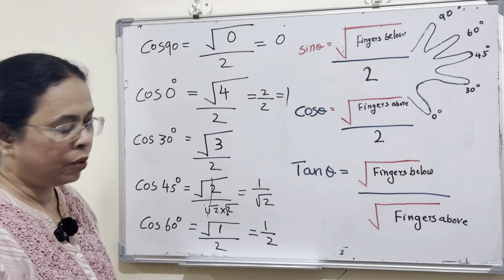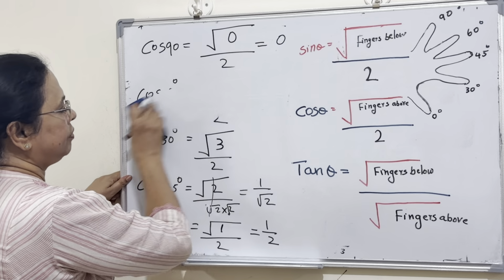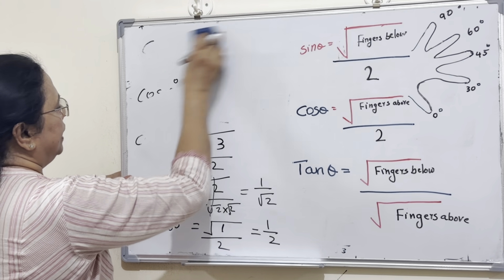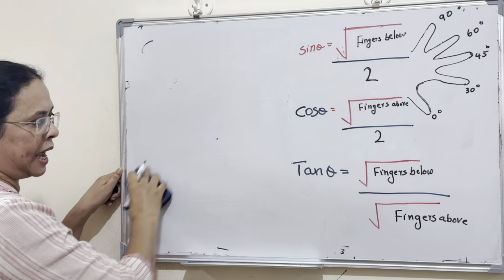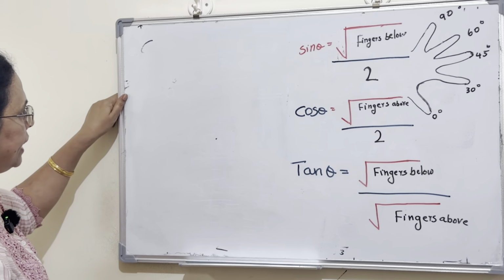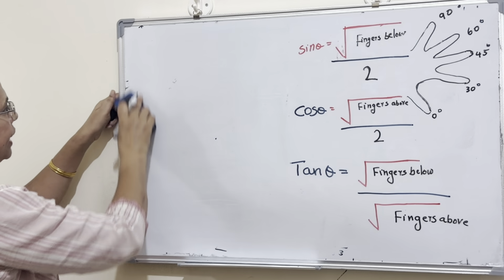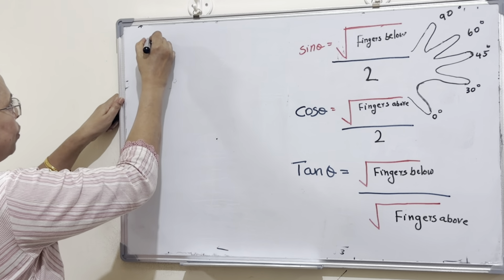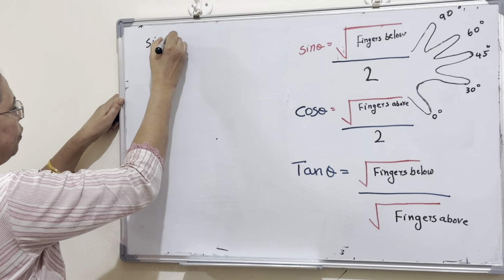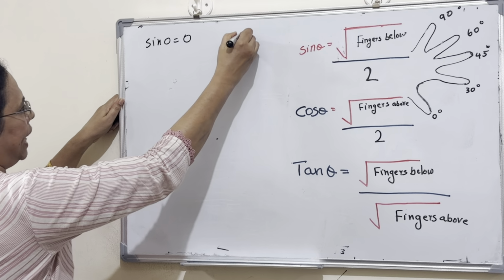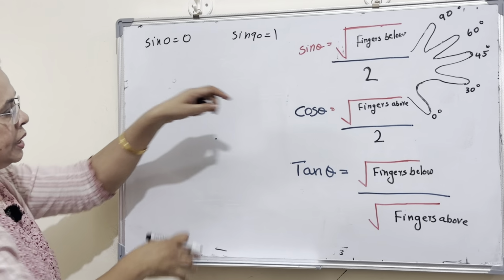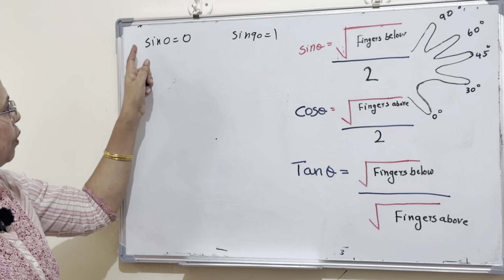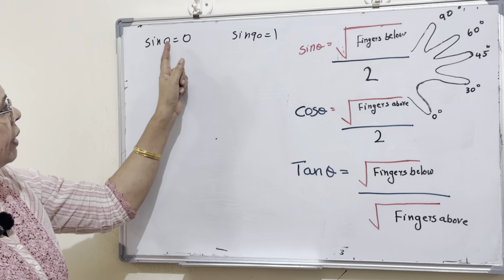Okay. Now if you go for tan, here, sine and cos, when you check these angles again, you can see that the sine value is increasing from 0. Sin 0 we got as 0 and sin 90 we got 1. So this value is increasing from 0 to 1.